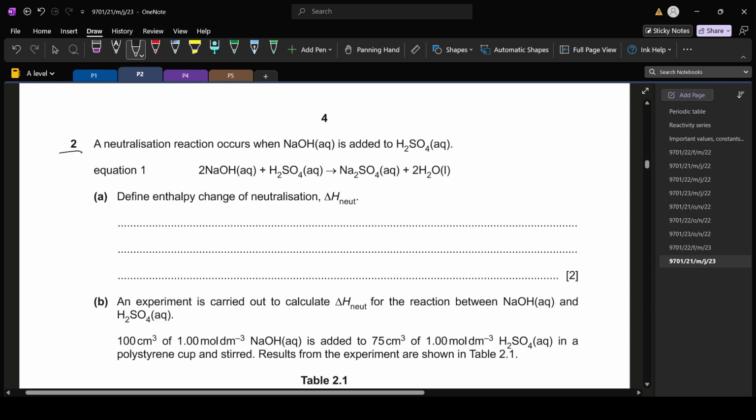Now, question number two: a neutralization reaction occurs when sodium hydroxide is added to sulfuric acid. Okay, part A. Define the enthalpy change of neutralization.